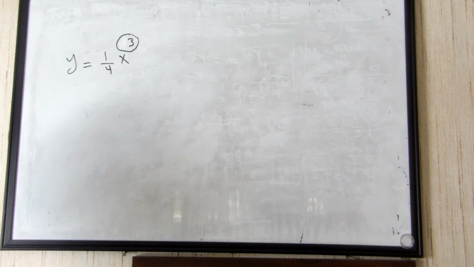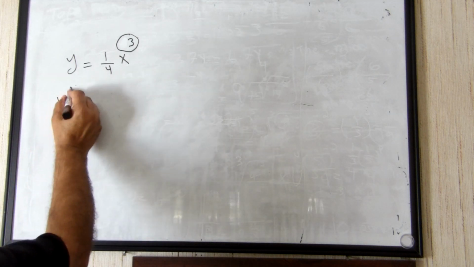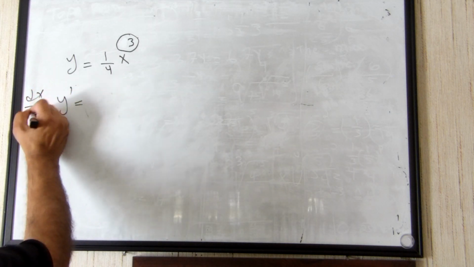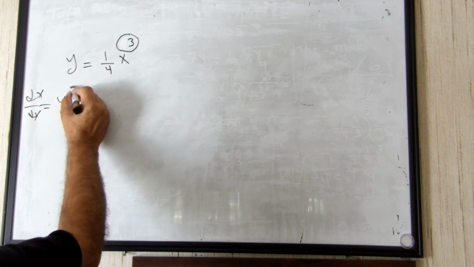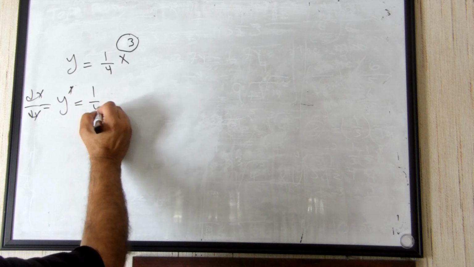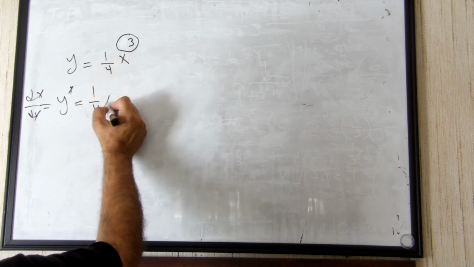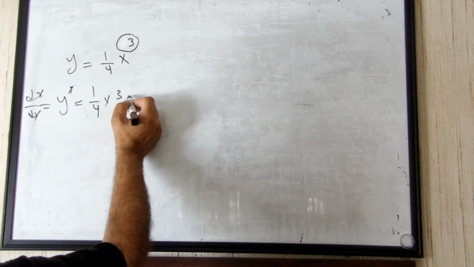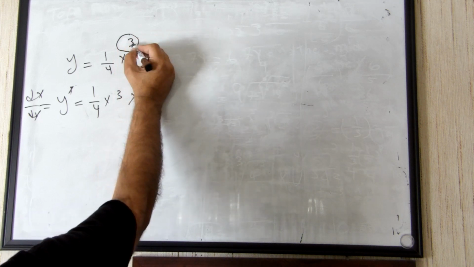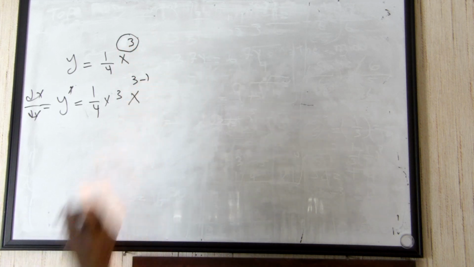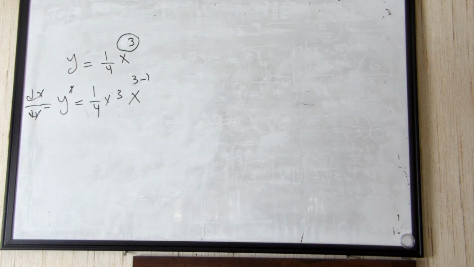So what is going to be the derivative of this one? Y prime, or they say dy over dx. Y prime is going to be 1 over 4. This 3 is going to be multiplied by this times x. This is going to be 3 minus 1. In the derivative, we have minus 1.